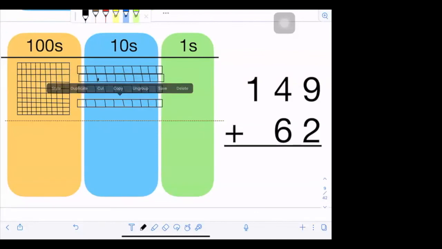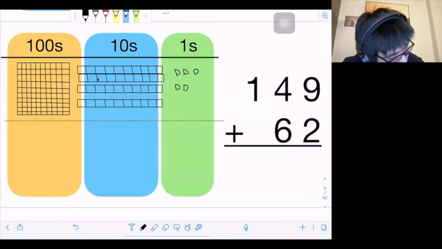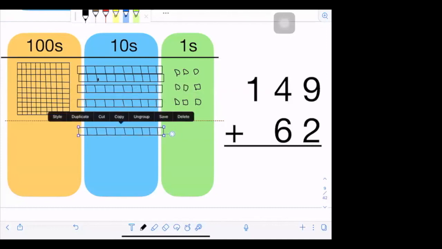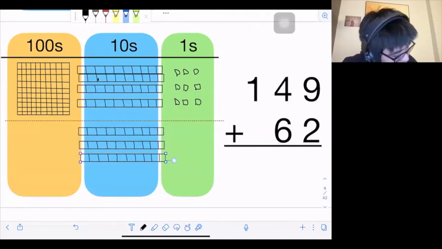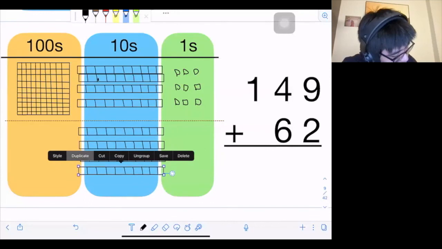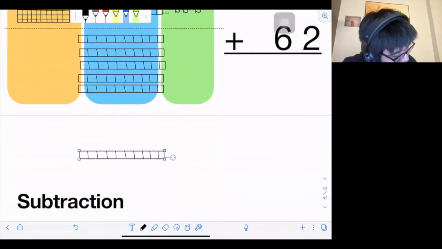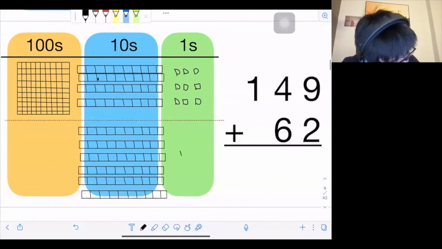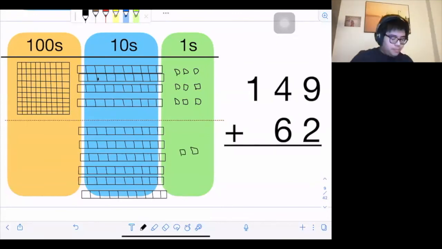And then yung 9 po. 9. 1, 2, 3, 4, 5, 6, 7, 8, 9. Okay. Then po yung 62, i-place po natin siya sa 10's place as 6 tens. 1, 2, 3, 4, 5, 6. And then 2 ones dito po sa ones. Tapos 2 ones.